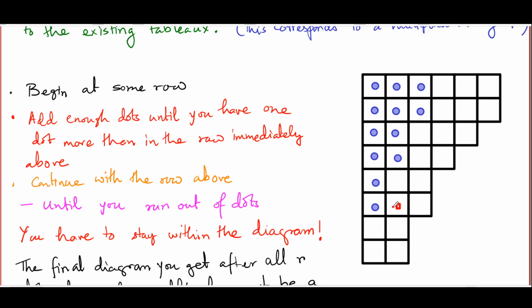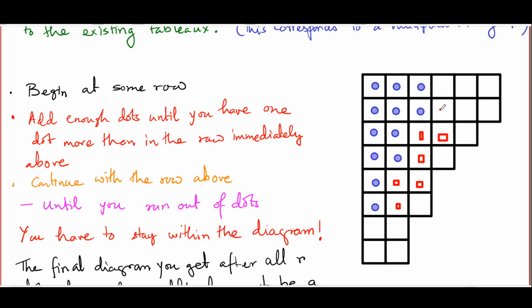Then I am supposed to move on to the upper row and continue. When I say continue, I mean I keep on adding dots to this upper row until I exceed the number in the row above that by 1. In this case, I can add 2 more here. Then I move on to this row, I can only add 1 more dot here. When I move on to this row, I can add 2 dots here.